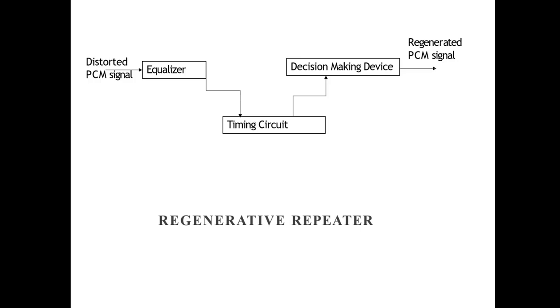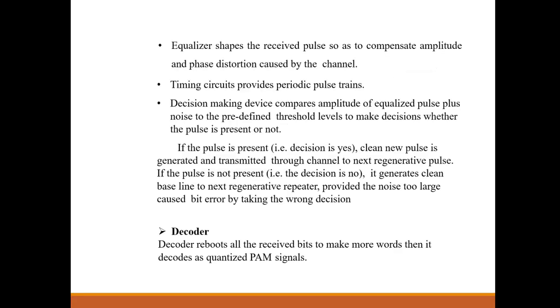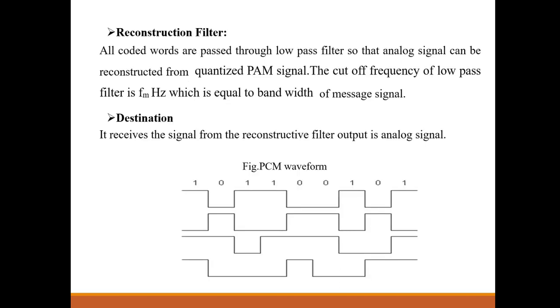It consists of three parts: equalizer, timing circuit, decision making circuit. The distorted signal is applied to the regenerative repeater equalizer. The output of the decision making device is the regenerated PCM signal without any noise. The output of the PCM signal is either 0 or 1. There are no intermediate values. This is the PCM output, 1s and 0s, shown in the figure.